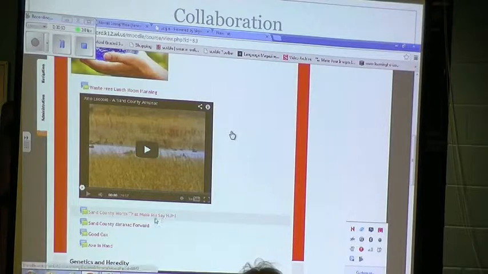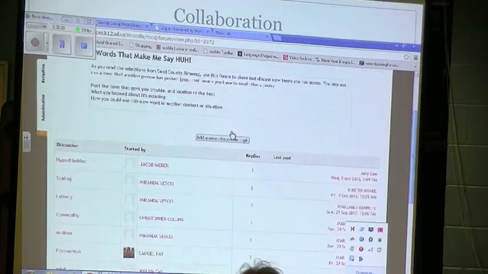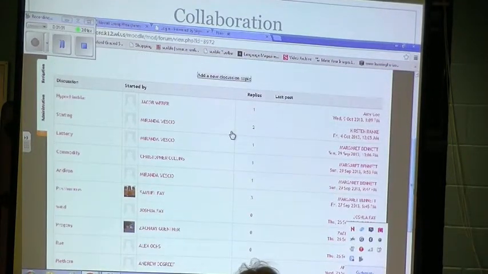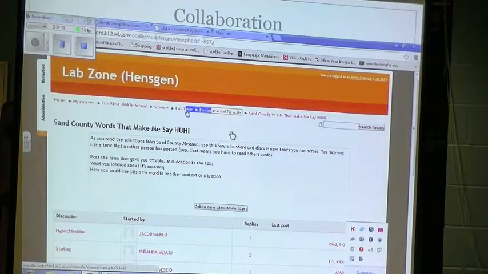They also had a section where they discussed vocabulary words that they didn't understand, and this allowed the students to come up with meanings, to discuss the meanings, and to share ideas about the words, which is extremely important in science because there is so much new vocabulary, and Leopold used a lot of different vocabulary.